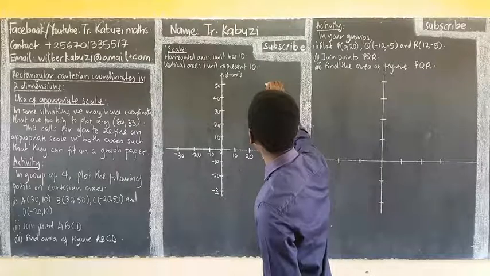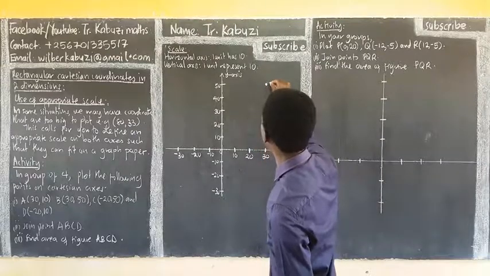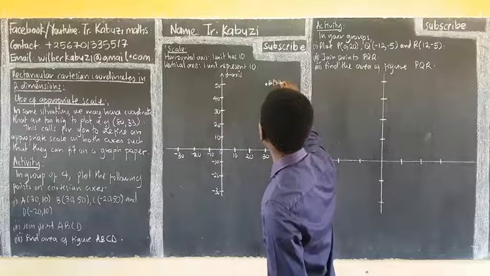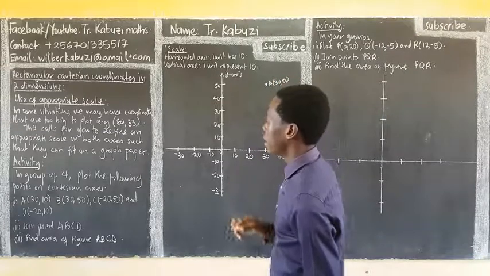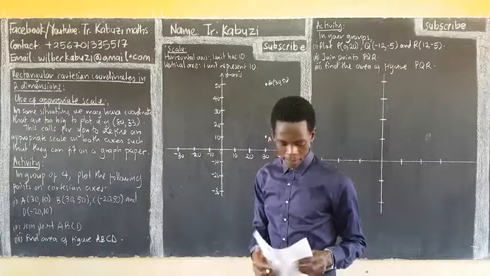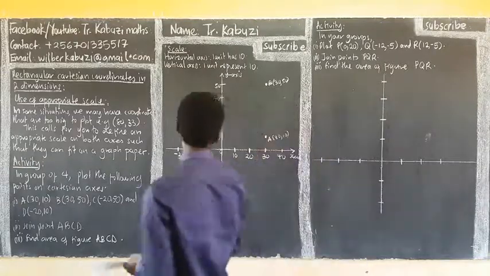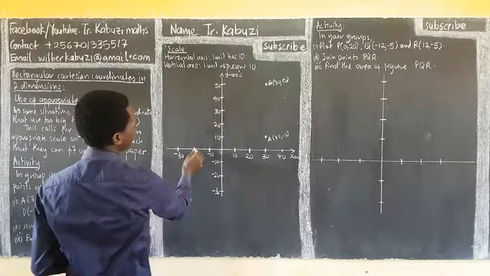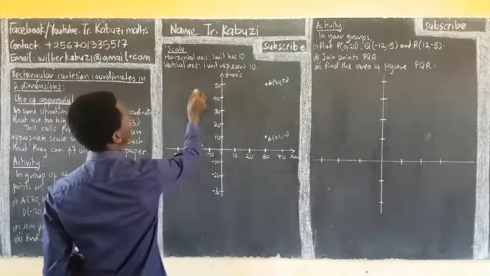So 30, 50 in the same line. This is our B. Then C is negative 20, 50. Sorry, negative 20, 50 is there. I think it's negative 20, 50. There.